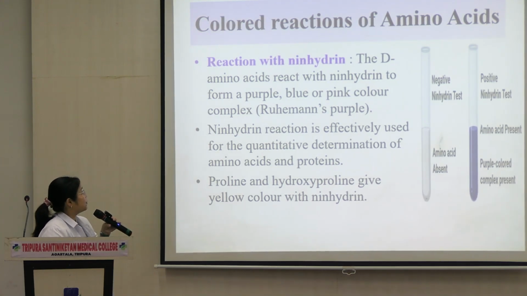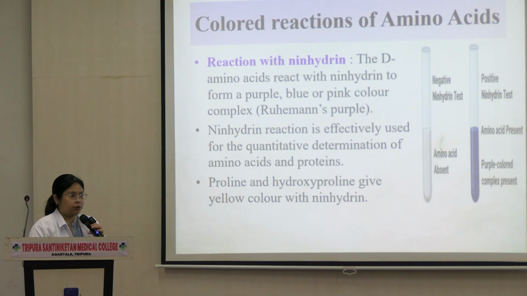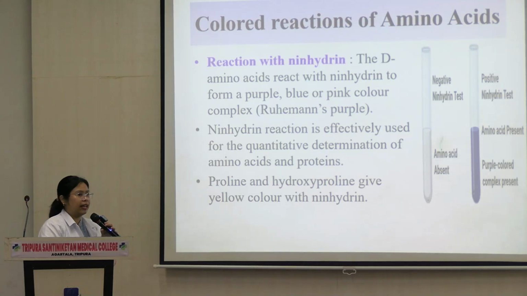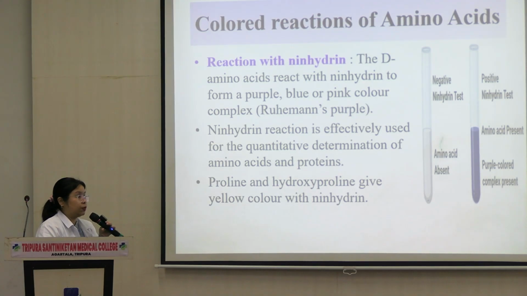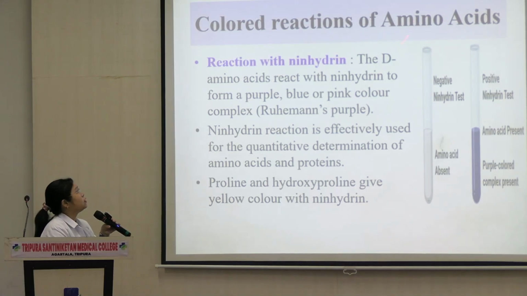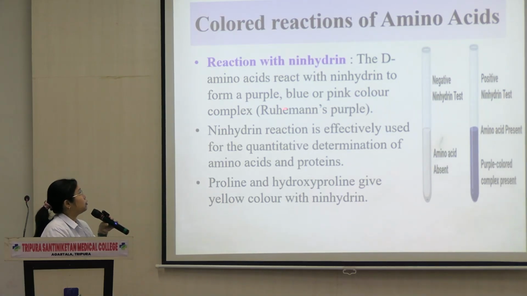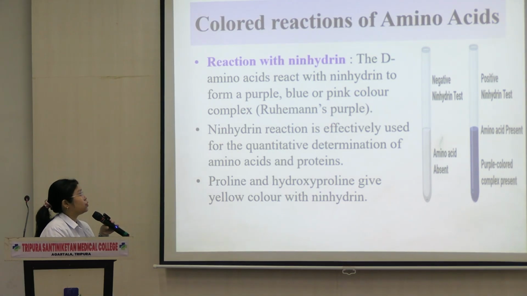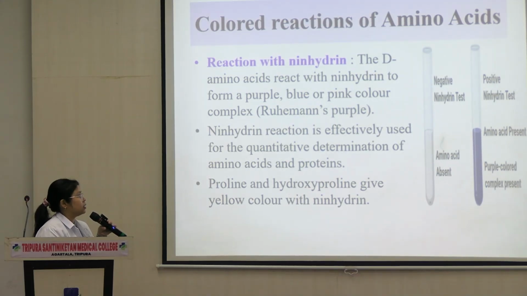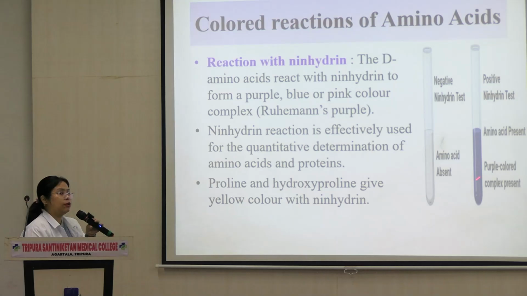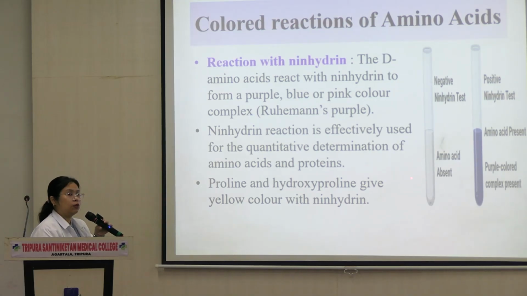So the alpha amino acids, we know most of the amino acids are in L form, but the D form of amino acids is what we are talking about here. So they react with ninhydrin to form a purple, blue and pink color complex, which is called Ruhemann's purple. So this is purple. अगर उसमें हमको D amino acid नहीं मिला, then this will have no color.